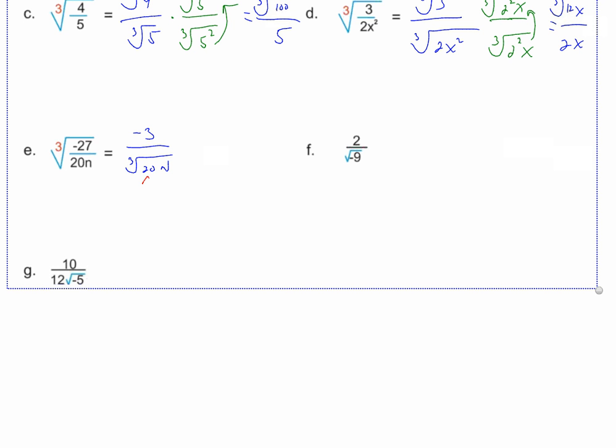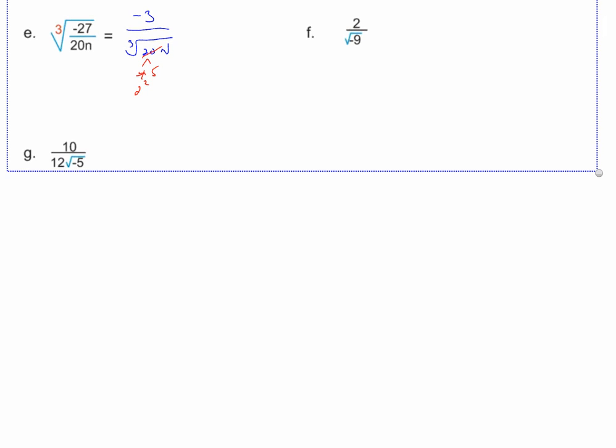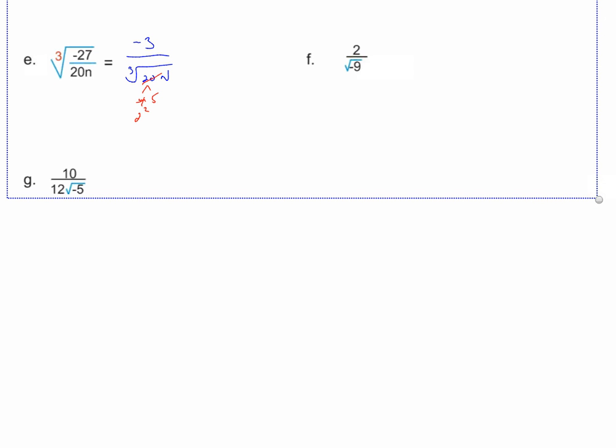You really got to look at this 20 and look at it as a 4 times 5 and realize that the 4 is a 2 squared. Because if you don't do that, you're going to leave your answer unsimplified. It'll be true what you're doing, but it's not the most efficient way.